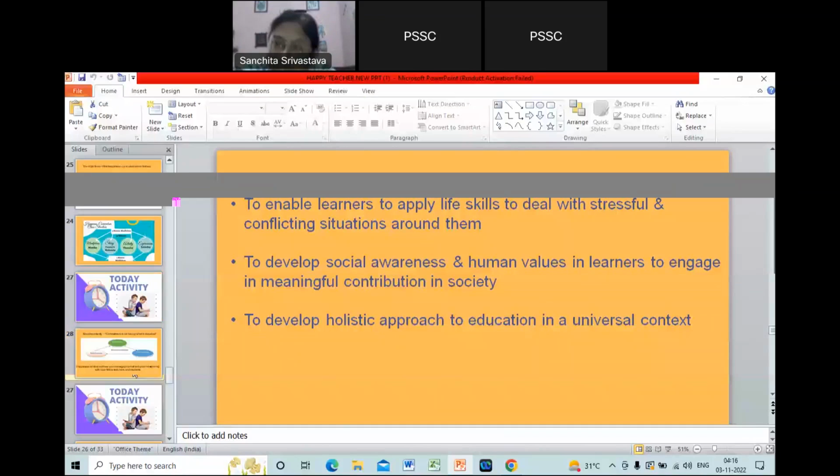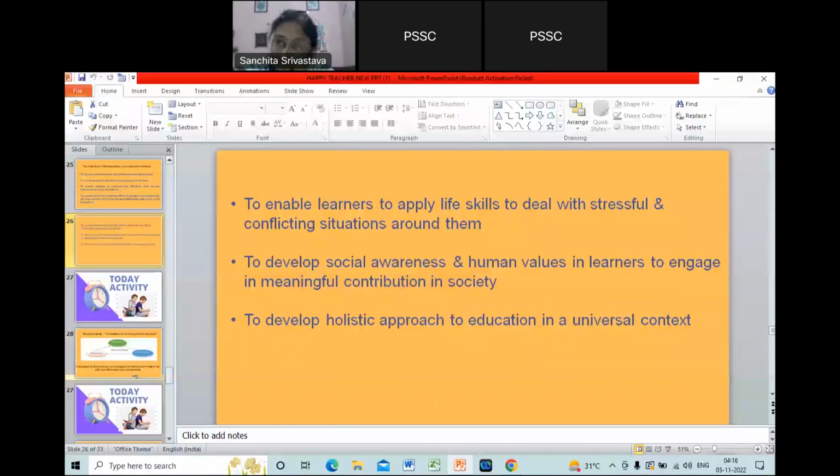But that learning skill should be utilized by the children in their day-to-day life. So how well they use this information, how well they utilize these skills is very, very important. That is the reason we have to develop a holistic approach to education in a universal context.